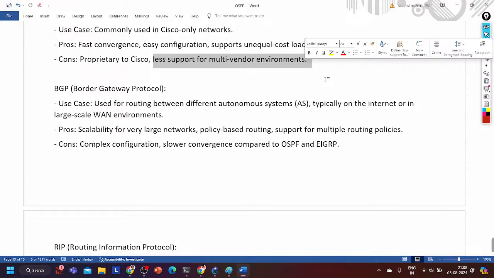Most of the features of EIGRP are Cisco proprietary. You can configure EIGRP on other vendor devices, but you cannot utilize the complete features, right?